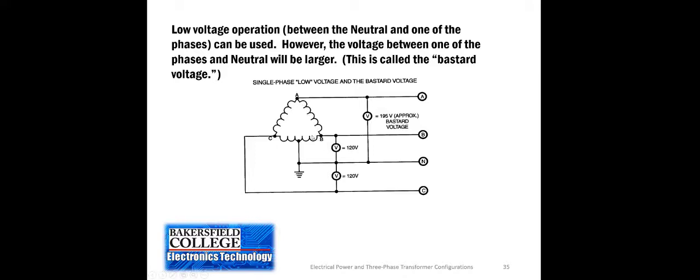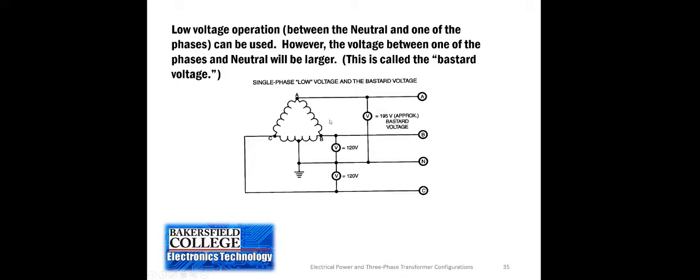And then I would have an additional voltage between B and the center tap. So I would actually get, instead of 120 volts, I'd get 195 volts. Now that's pretty close to the 208 that are between A and B, or B and C, or A and C.